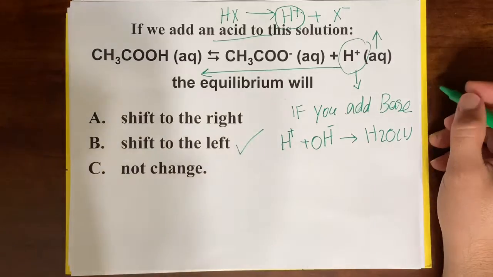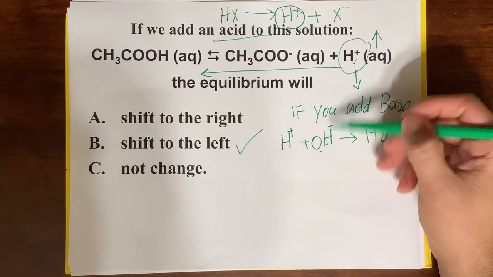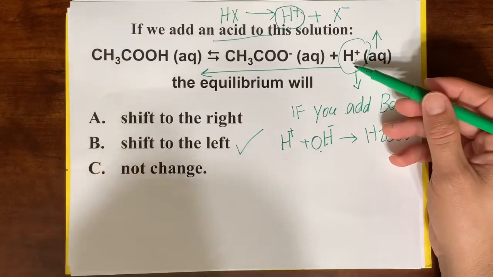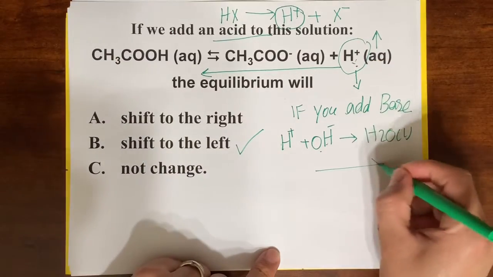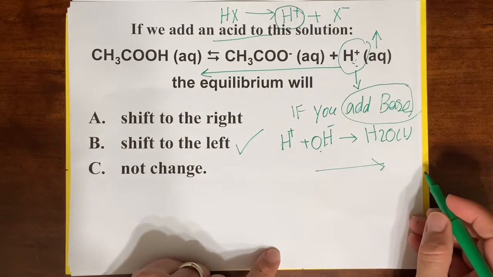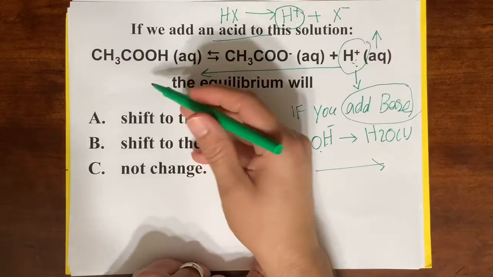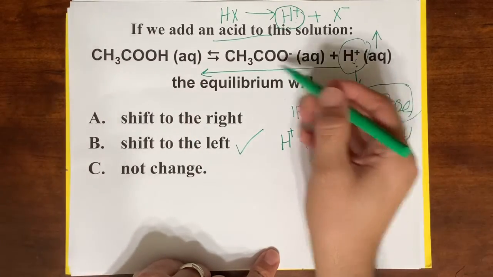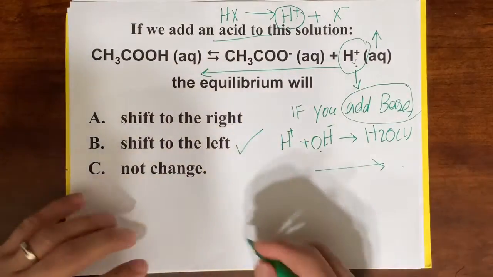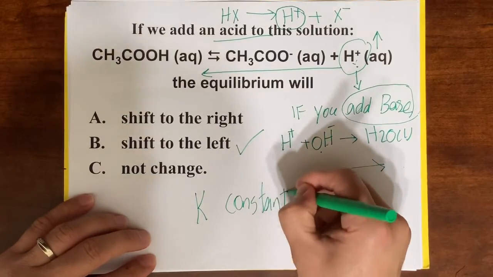H will be used, and because H was used, we need to generate more. So this time the reaction will move to the right side. If you add base, the reaction moves to the right; if you add acid, it moves to the left. How about K? K in both cases stays constant because we did not change the temperature.